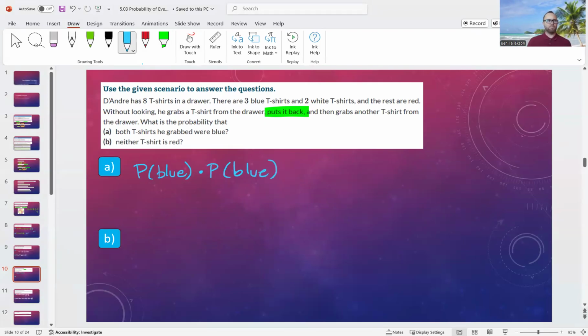So what is the probability of picking a blue shirt? Well, we know there are 3 blue. So there's 3, but how many total? 8. So favorable outcomes over total possible outcomes. Multiply those together, we get 9/64.